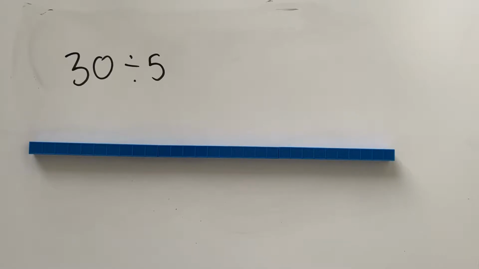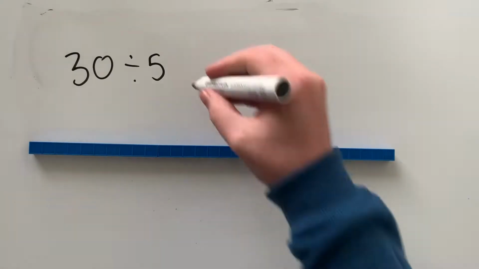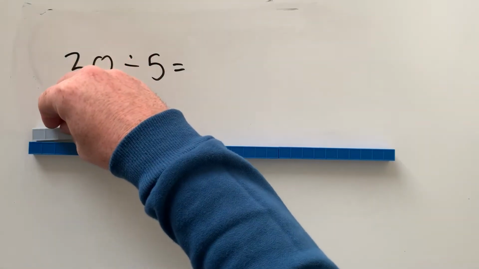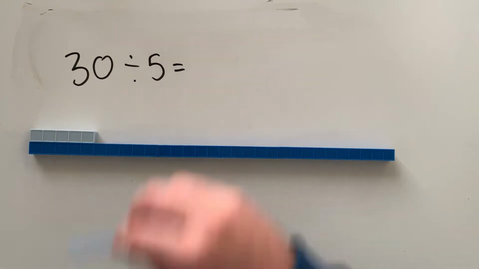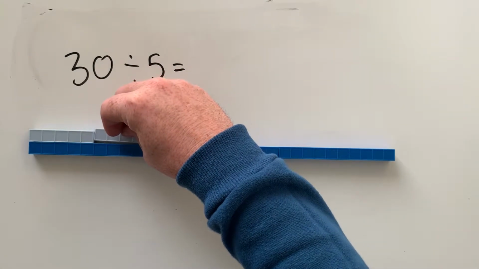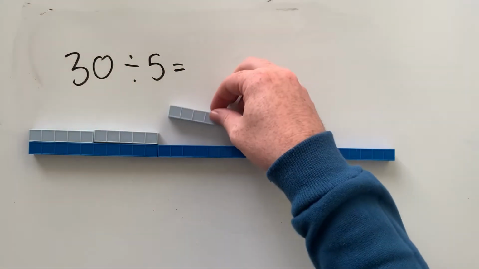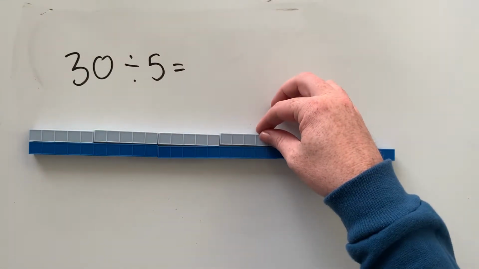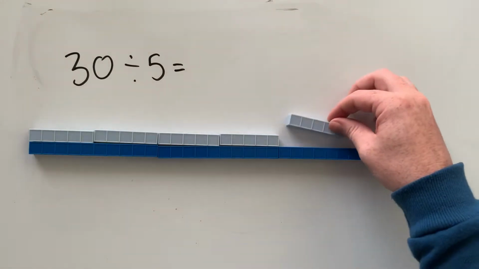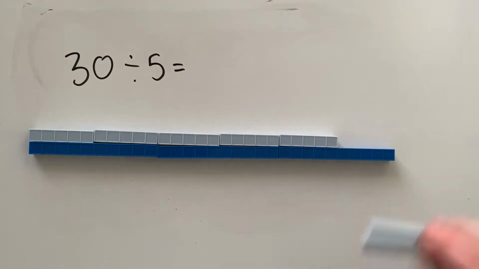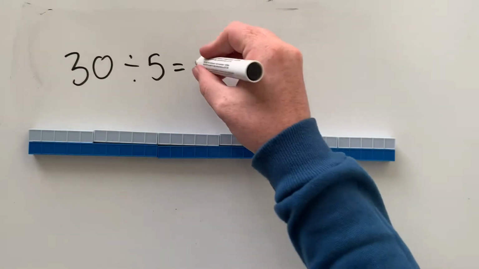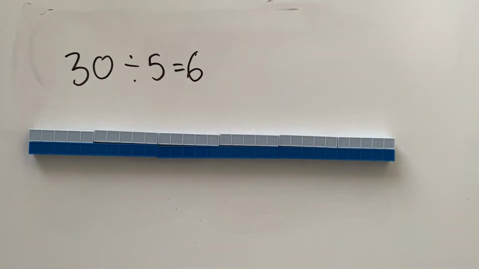We'll see how many times 5 fits into 30. 1, 2, 3, 4, 5, 6. 30 divided by 5 equals 6.